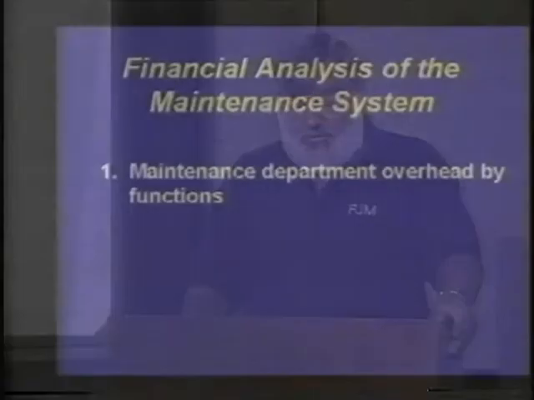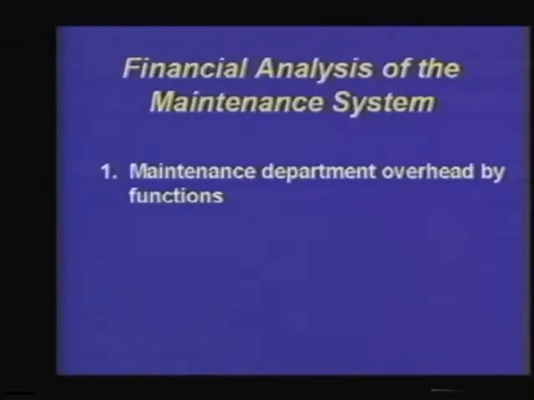The 2 key requirements you have to consider relative to these reports are, number 1, the data contained in the report, and number 2, the frequency in which you want the report to be generated. So item number 1 pertains to maintenance department overhead by function. And a little later we do have an exhibit of maintenance overhead by function.